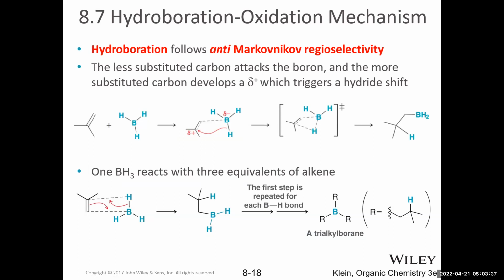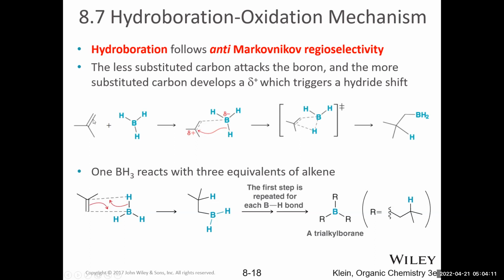Okay, so hydroboration oxidation mechanism. Remember we said that BH3 is stabilized with THF, but that the THF can coordinate to form the complex and then also go back to regular borane and THF. So this is just regular borane, and it can be attacked by the pi bond in an alkene. Remember I said that the boron is electrophilic. Well, we know that pi bonds are basic and nucleophilic.